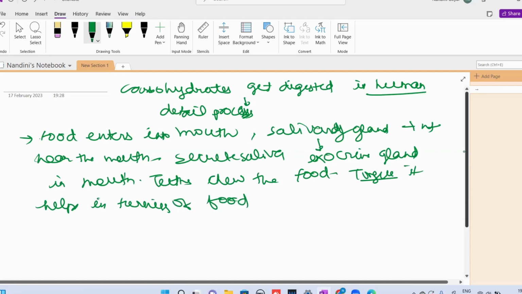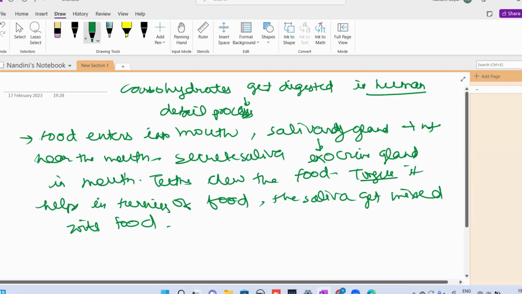And as the food turns, the saliva gets mixed with it. Saliva gets secreted from the salivary gland. Now teeth are chewing the food and the tongue is helping in movement of the food, so when the food moves, saliva gets mixed. Is the first point clear to you?